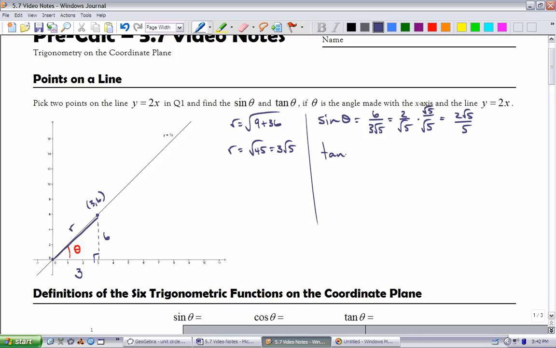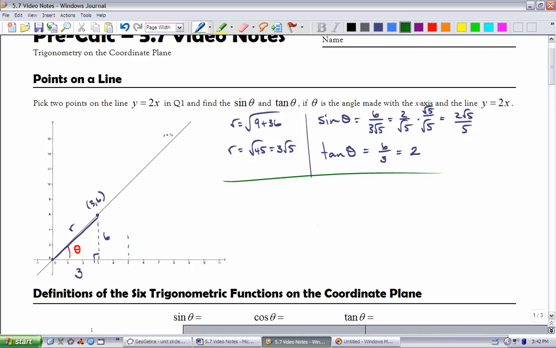The tangent of our theta equals opposite over adjacent, which in this case is 6 over 3, which ends up equaling 2.